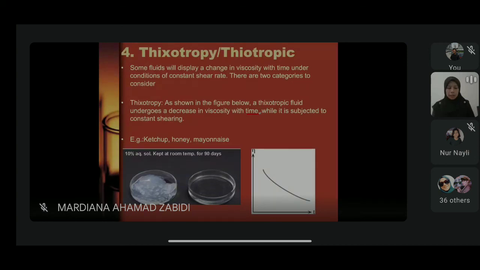Pseudoplastic, dilatant, plastic, they are non-time dependent, but they depend on the shearing rate. Okay. So this one, when the fluid is having constant shearing, it will have a decrease in viscosity with time. This one is thixotropy. So contohnya we have tomato ketchup ataupun mayonnaise. This one when you keep on stirring.